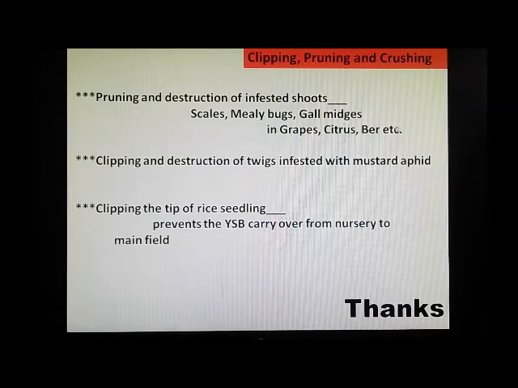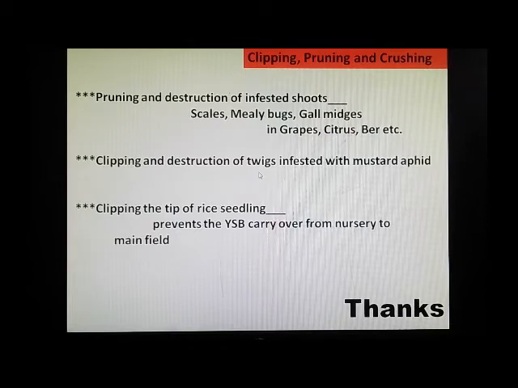Because these crops are highly infested by the scale, mealybugs and gall-midges. So pruning is always a recommended practice in these fruit crops.